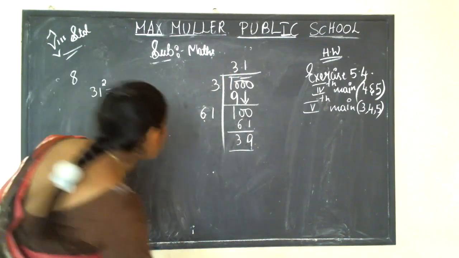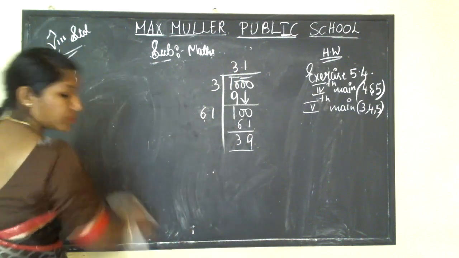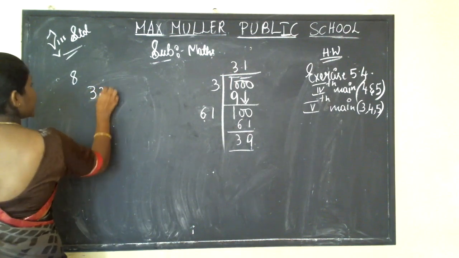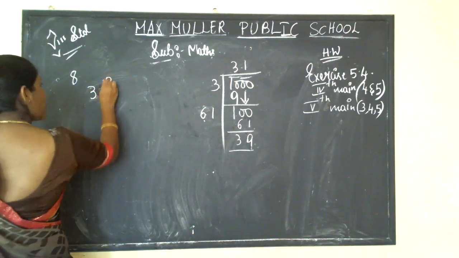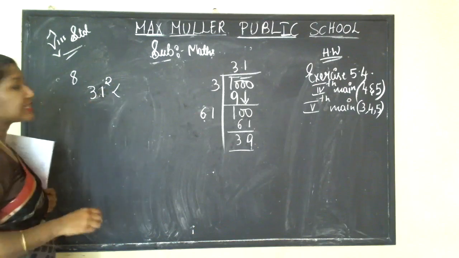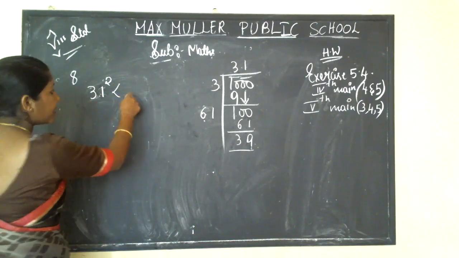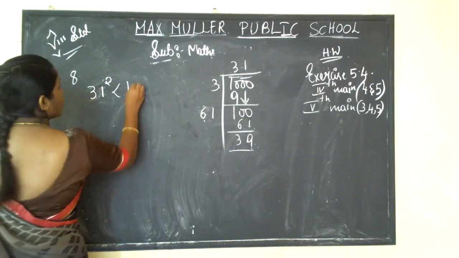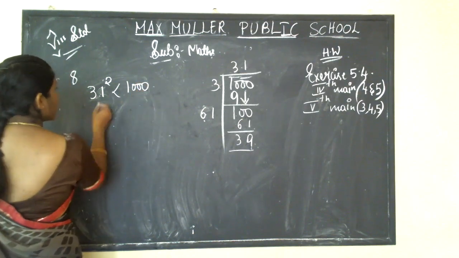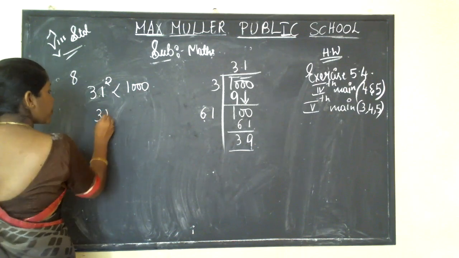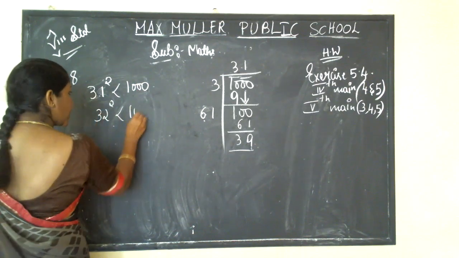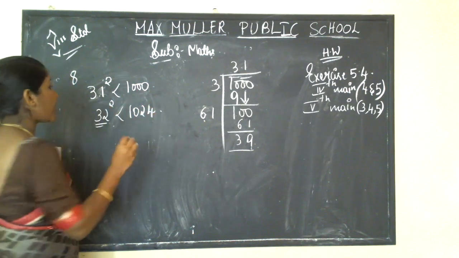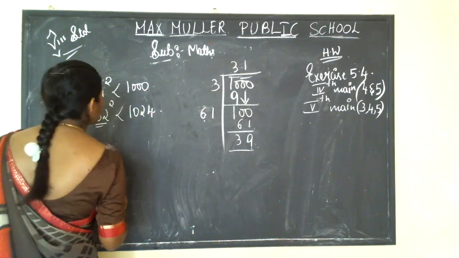As I told you before, the next number you have to take is 32. See, 31 square is less than 1000. So you have to go for the next number, 32 square, that is 1024. That is actually a perfect square number.